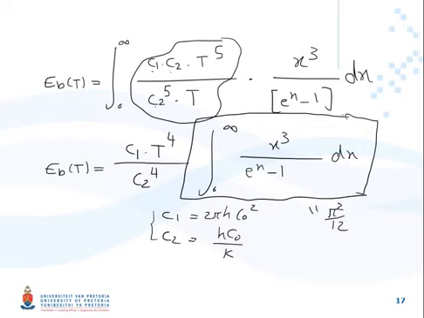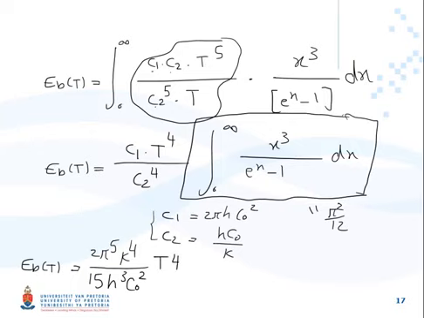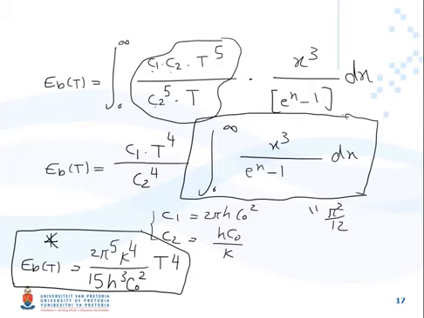If we put everything together, E_b(T) will be 2 pi^5 k^4 over 15 h^3 c^2 T^4. That's the final answer that we get.